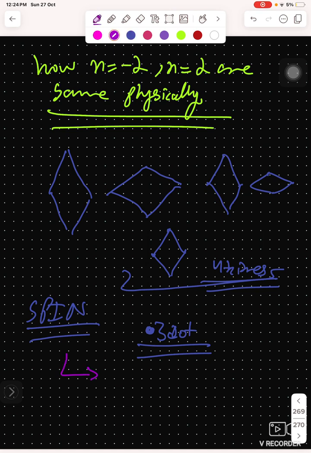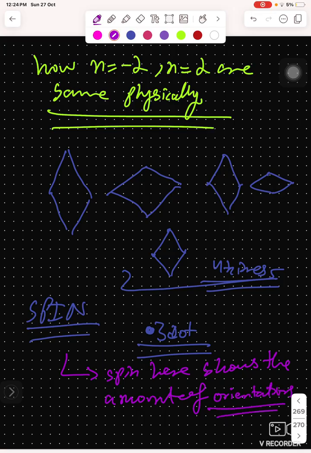Spin is an analogy which we use to show the amount of orientations we require for a particle to return to its original point.